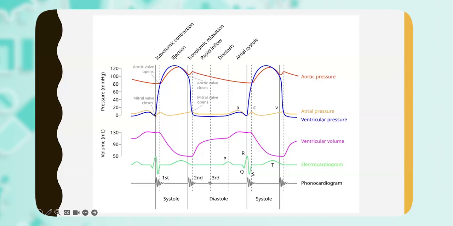At this point of time, the mitral valve closes because due to increased intraventricular pressure, the AV valve, mitral or tricuspid valve, closes. And then there is ventricular contraction. This is the huge pressure increase in the ventricles.